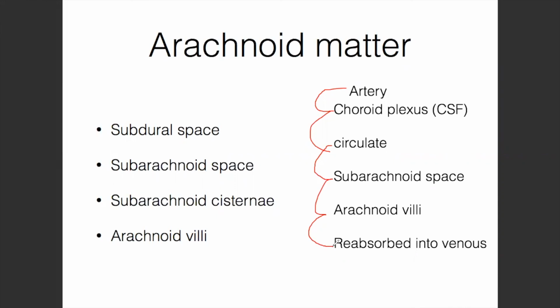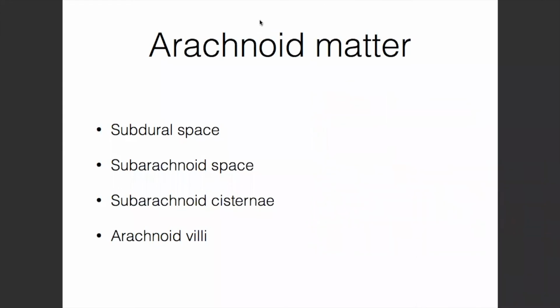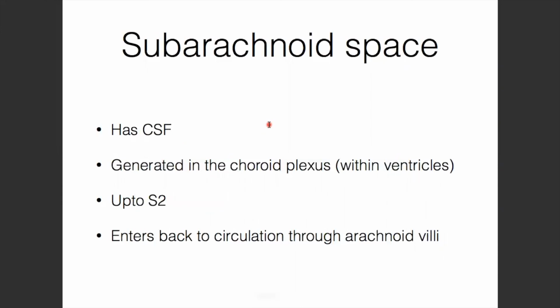Okay, تمام. So basically the idea is the subarachnoid space is where the CSF is going to circulate, and the arachnoid villi is the area where the CSF is eventually going to get reabsorbed back into the venous drainage. That's all you need to know for the moment, because I don't think you did the chapter on CSF itself.